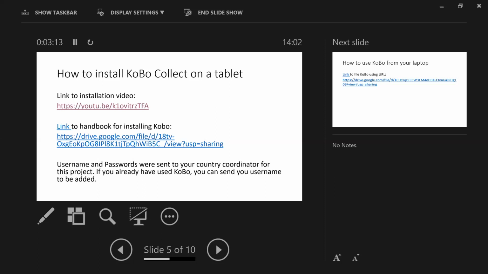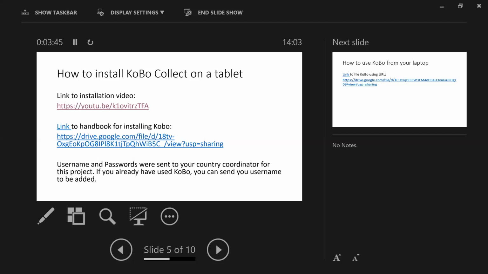Exactly, so my point is that in a meeting it will be installed for them, then they can move forward. Yes, that's a good idea, so we will use that procedure. For those using either their mobile phone or their own tablet, we can install Kobo Collect for them with the username and the password that I already provided, and then they can go ahead. Thank you.